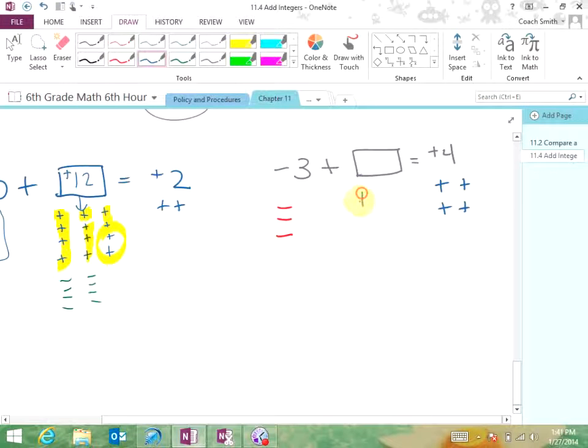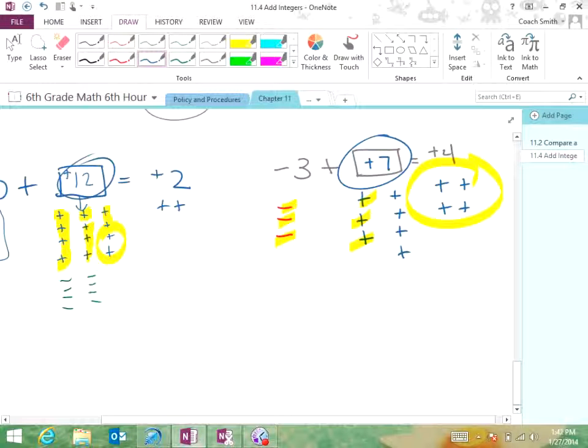I've got to have those 3 positives, because those 3 positives will cancel those 3 negatives. But I need 4 over here, so that means I got to have 4 more positives on this side. Okay, so Judah. Yes. +7 goes in the blank. Okay? And so that's your answer there, and that's your answer there.